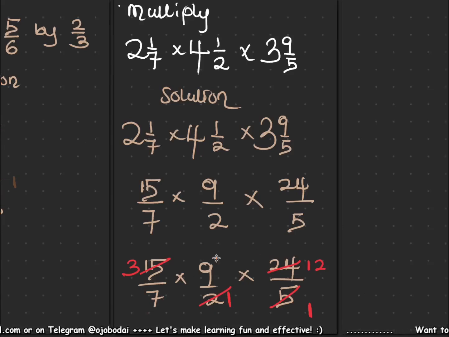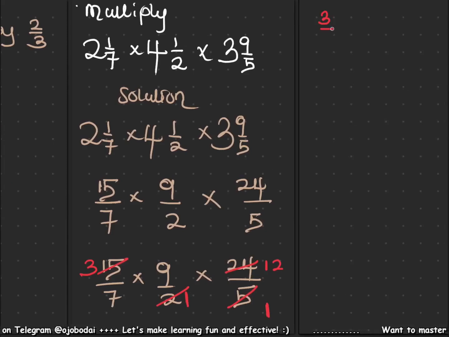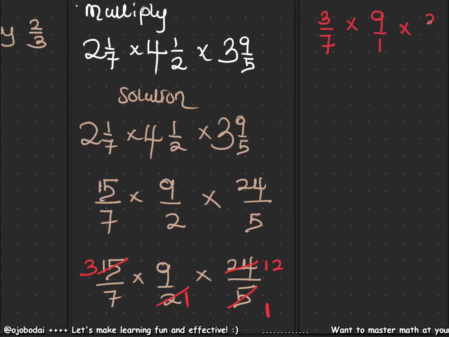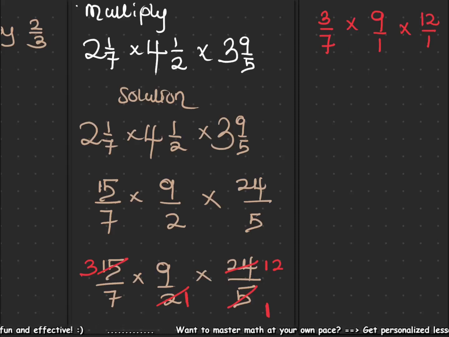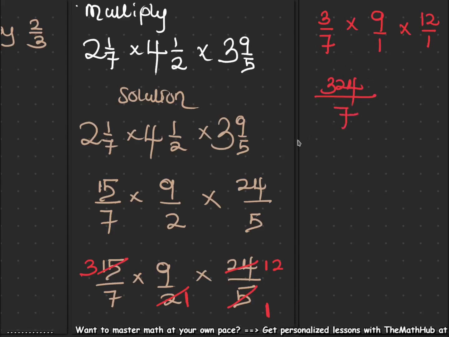Hence, our fraction we were solving for now becomes 3 over 7 times 9 over 1 times 12 over 1. And 3 times 9, we know gives us a 27. And then 27 times 12 also gives us 324. Then we come to the denominator. 7 times 1 still gives us a 7.